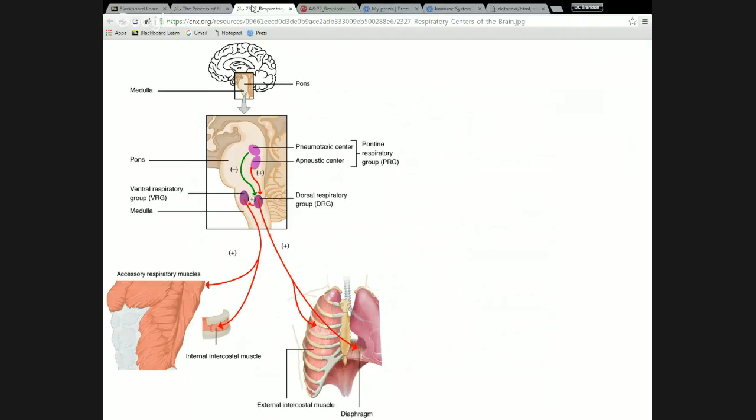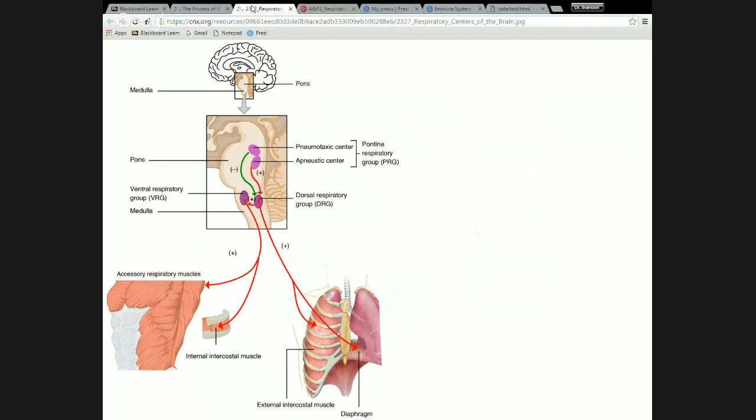And in this picture, they don't really show anything, but higher centers, like your cerebral cortex or your hypothalamus, those sorts of things higher up in your brain, can send signals down. If you're going to talk, your cerebral cortex, which is controlling speech, is going to tell you to breathe in the correct pattern to produce that speech.